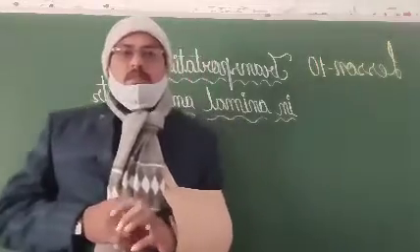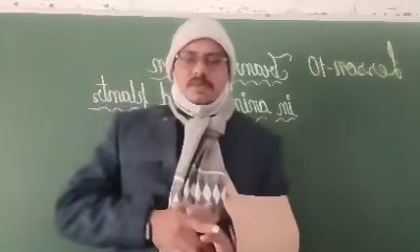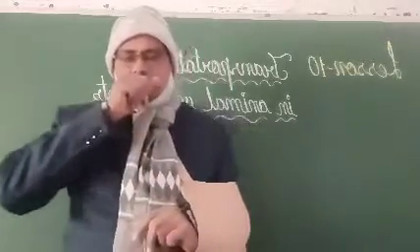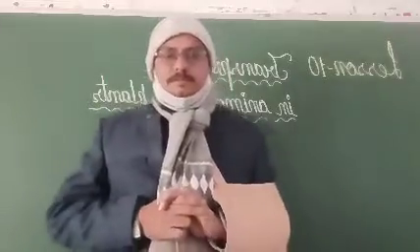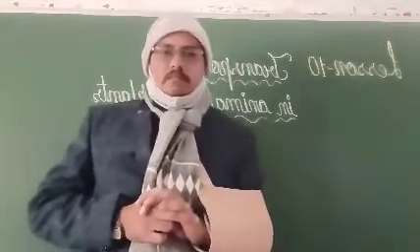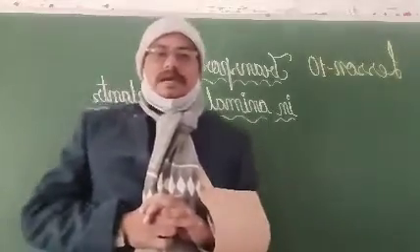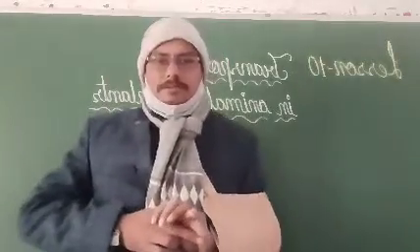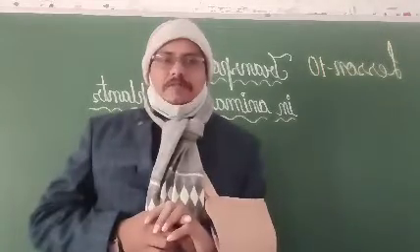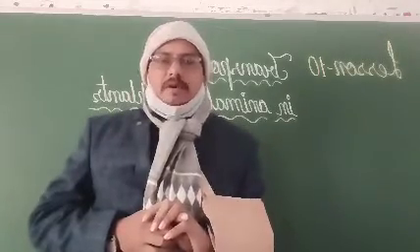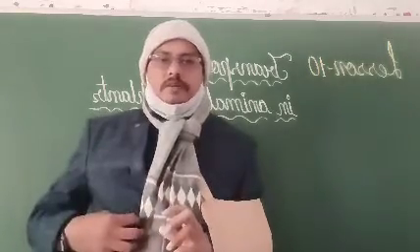Now the oxygenated blood enters the heart, carrying the oxygen from the lungs. It enters the left side of the heart, that is the left auricle. The left auricle pumps the blood and throws it to the left ventricle.